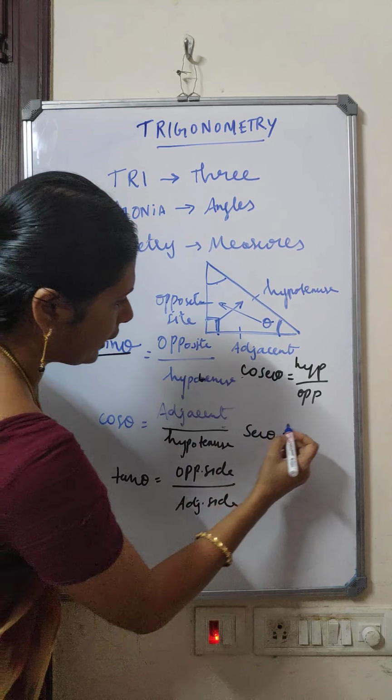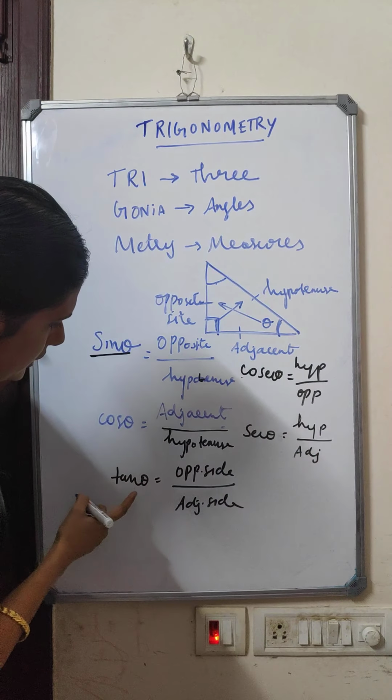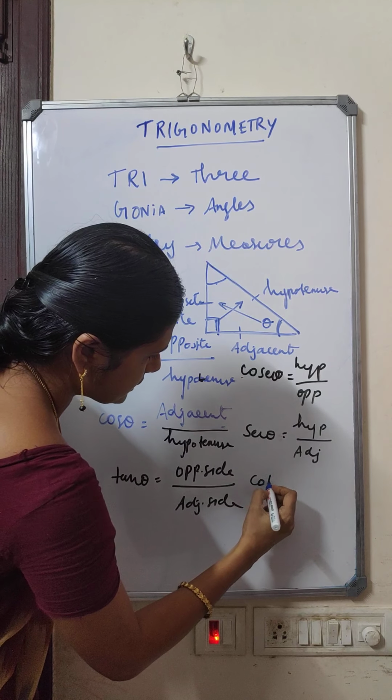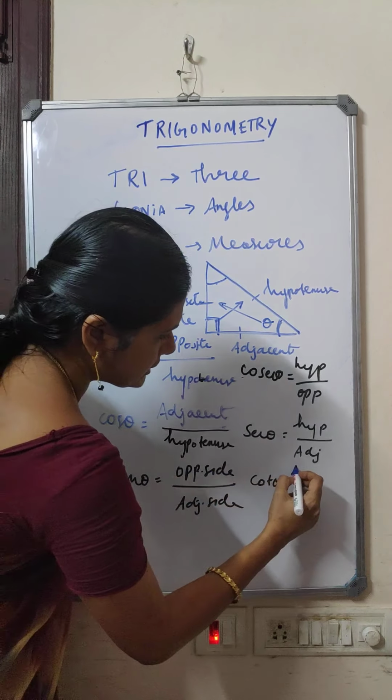Secant theta is hypotenuse by adjacent. Then tan's reciprocal is cot theta, which is adjacent side by opposite. These only six terms you are going to use throughout the chapter, guys: sine, cos, tan, cosecant, secant and cot.